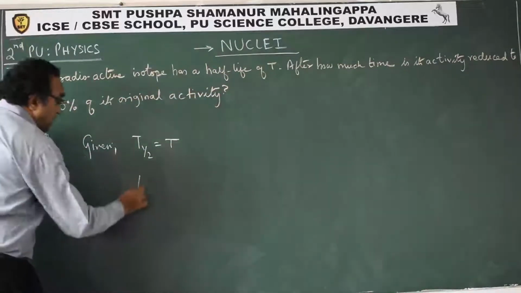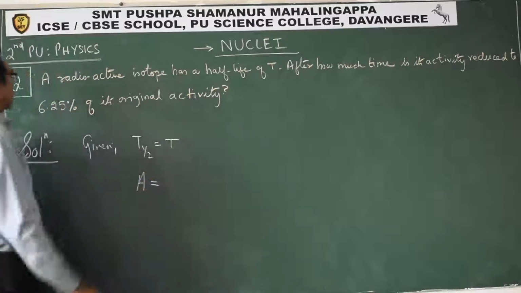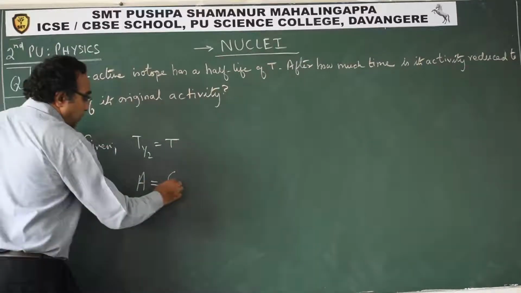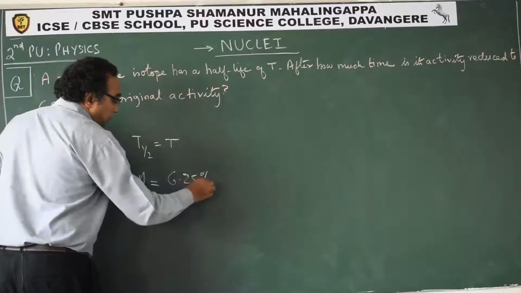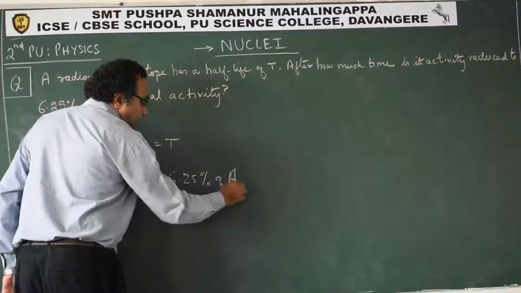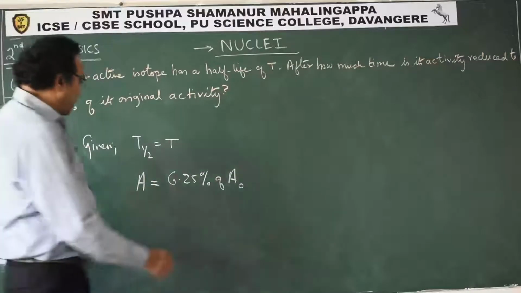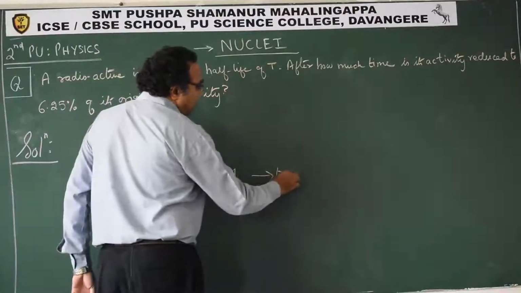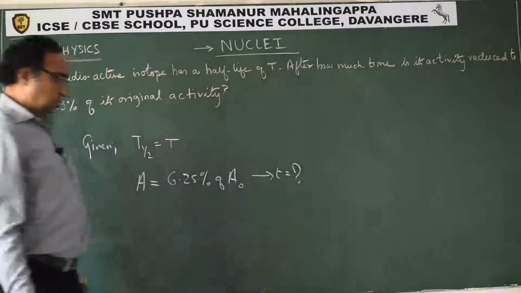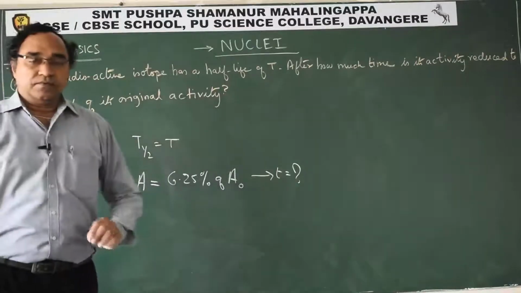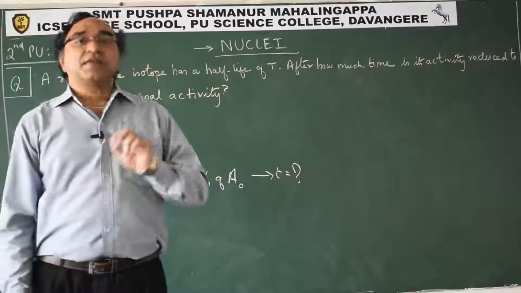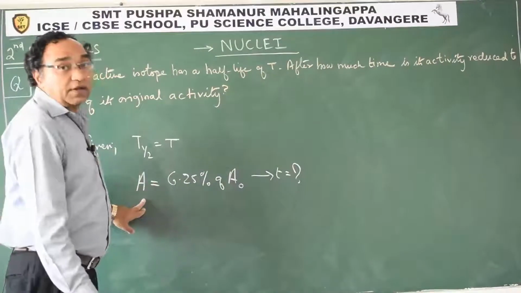So what is asked? Activity is 6.25% of original activity is A naught. So the question is, how much time will it take for this? So here students, we are given activity, again activity. So what are the relations that we have?